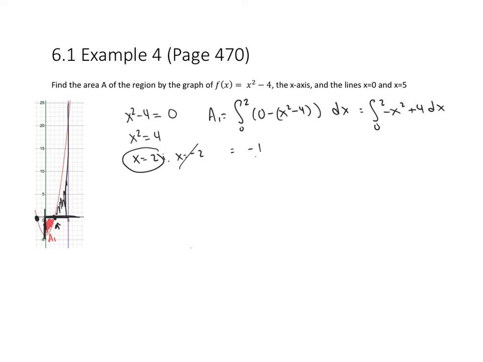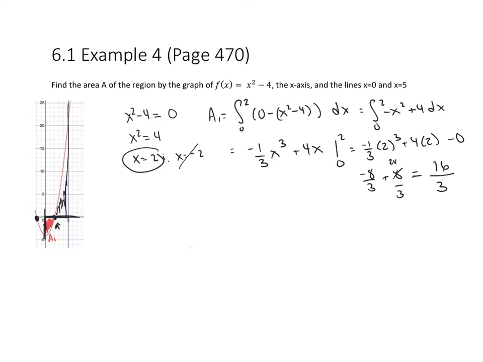So it's negative 1/3 x cubed plus 4x, evaluated from 0 to 2. So that will be negative 1/3 times 2 cubed plus 4 times 2 minus 0. So negative 8/3 plus 8. Let's see, we'll make that over 3. So that's 24 minus 8, so 16/3. So this first area in red is 16/3.